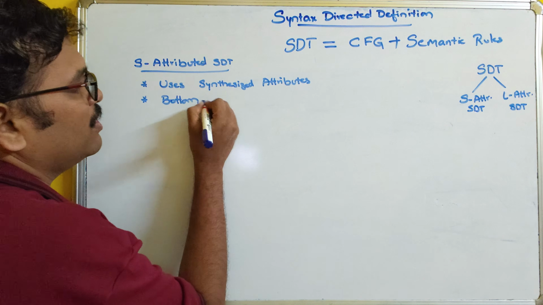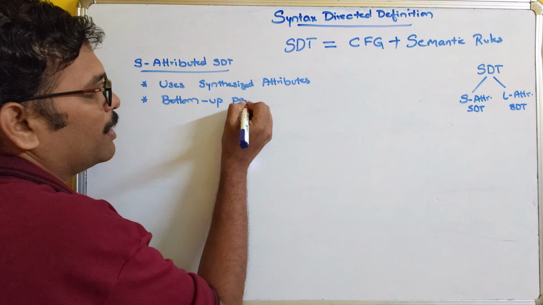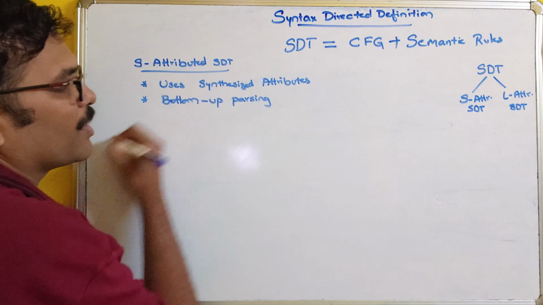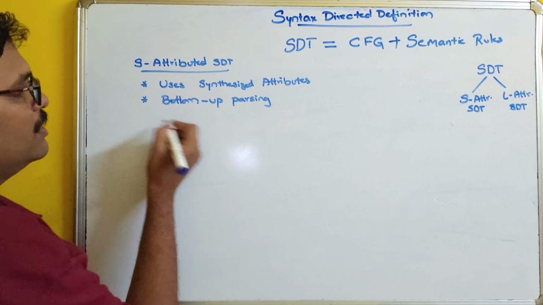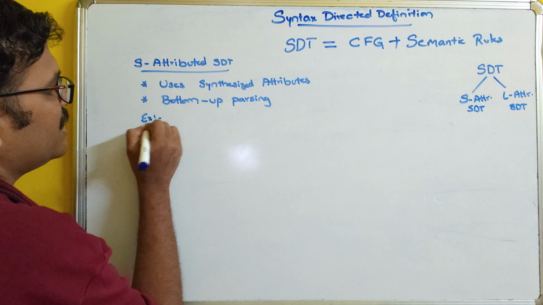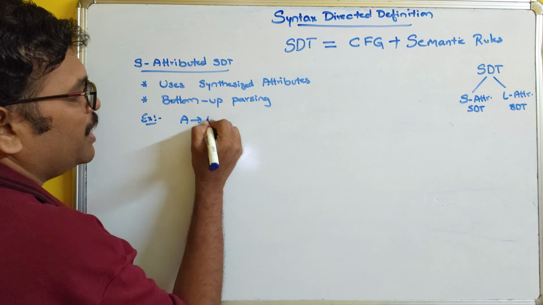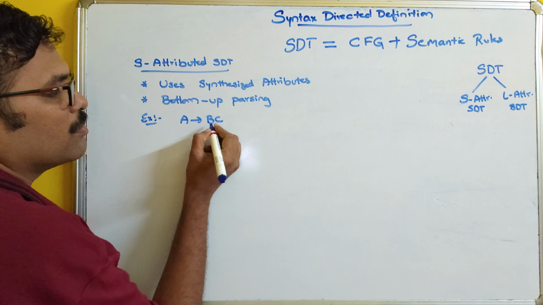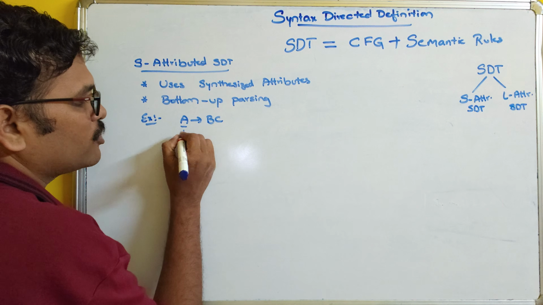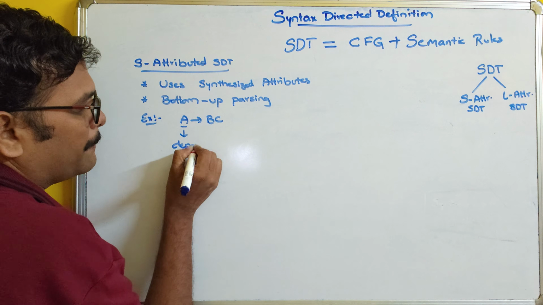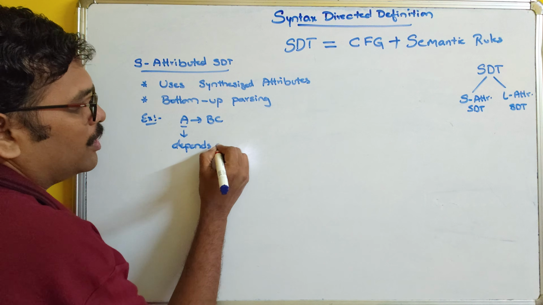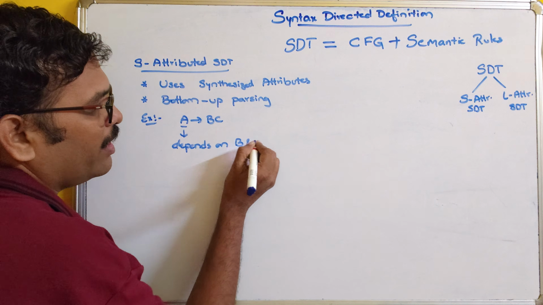Just now we have seen bottom-up parsing. And then see example, you can say A tends to B and C. So the A value will depend on B and C.